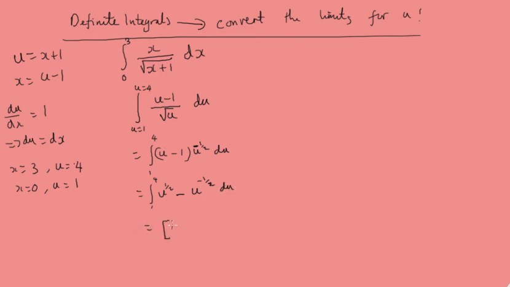Which gives us 2 over 3 u to the 3 over 2 minus 2 u to the half between 1 and 4. Substituting that in, we get 16 over 3 minus 4, minus 2 over 3 minus 2, which equals 8 over 3. So I hope that helps.